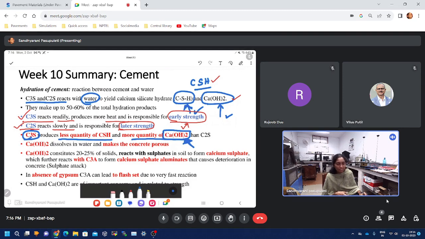So our main aim is we need CSH gel, but we need lesser Ca(OH)2. Ca(OH)2, which dissolves, makes the concrete porous. So we need to limit the amount of Ca(OH)2.